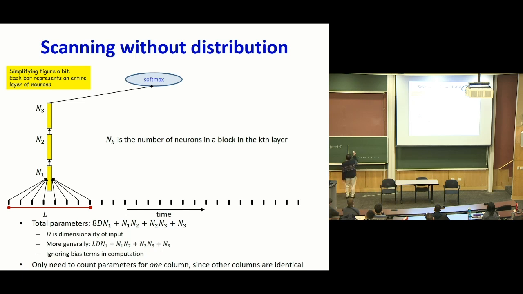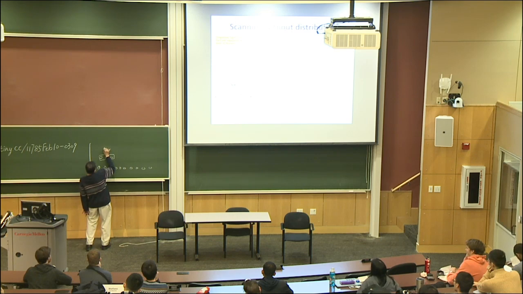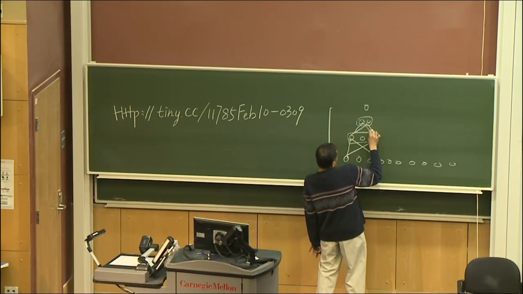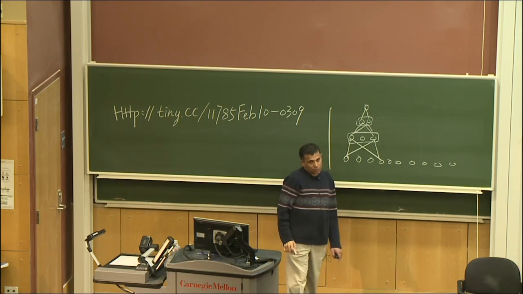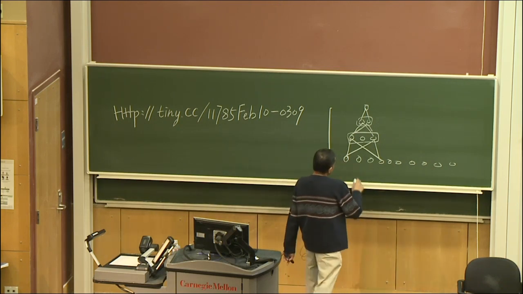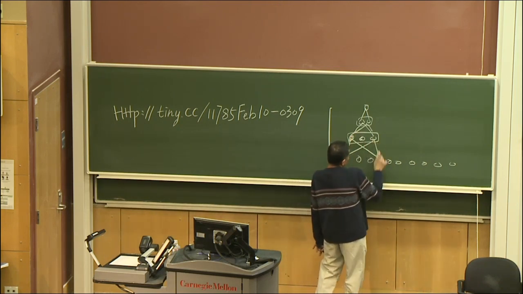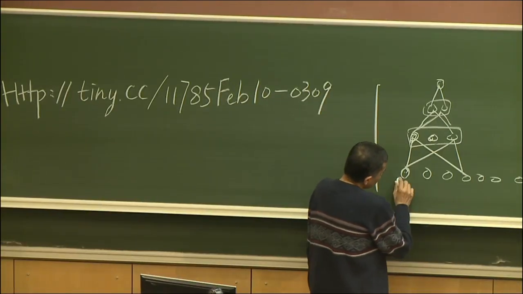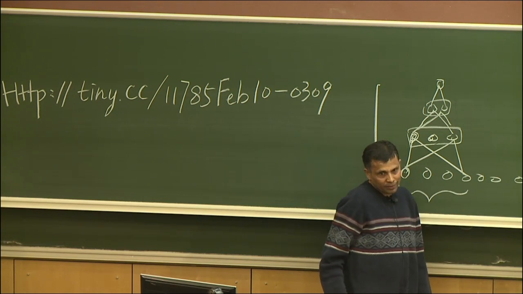And then suppose I'm scanning with, say, a 3 cross 2 cross 1 network, which looks at this much. What happens is that each of these 3 guys is going to output a value which represents this entire block, correct?